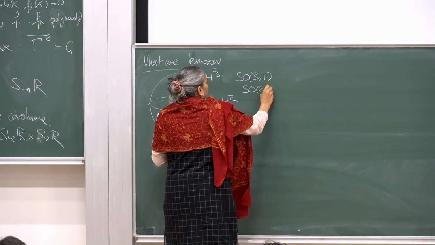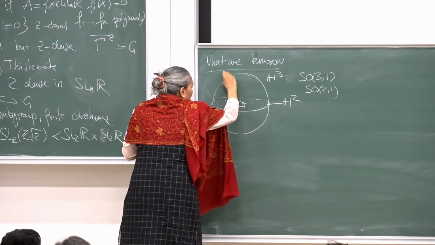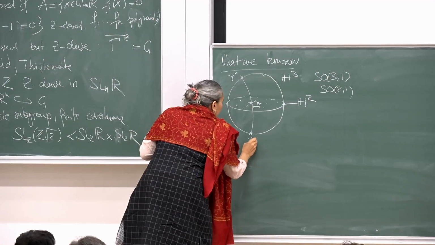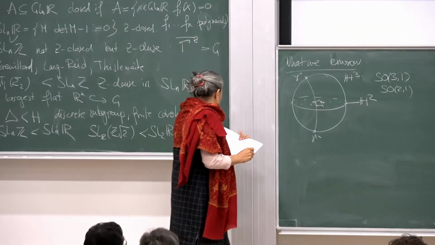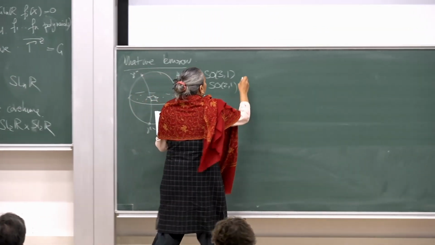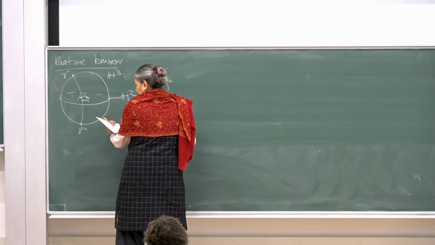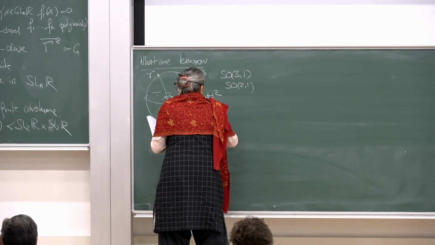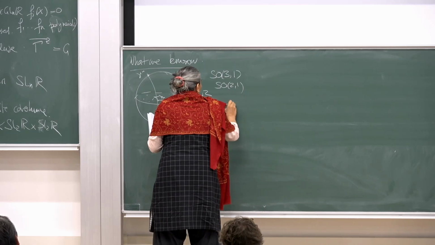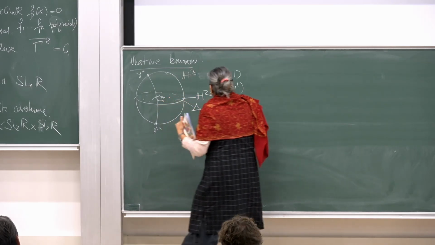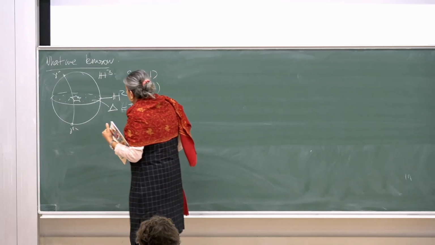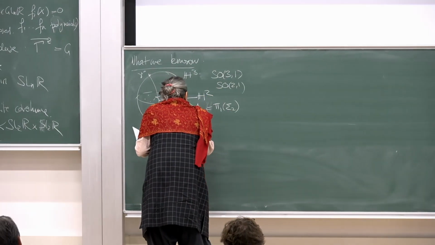and SO(2,1), and then you take a hyperbolic isometry, gamma plus, gamma minus, and here you take delta, which is a surface group, sitting in H2 as a co-compact lattice, and well, that's it.